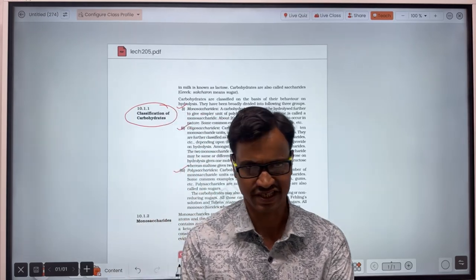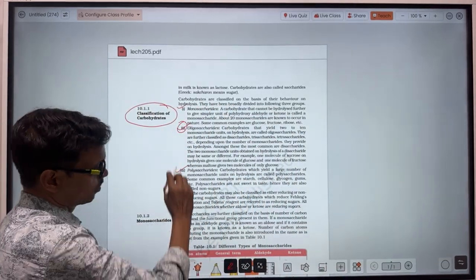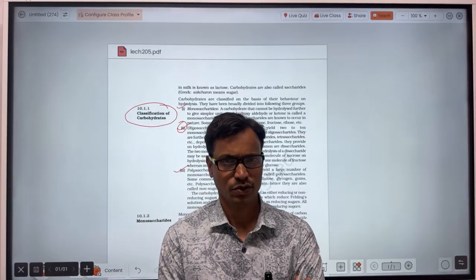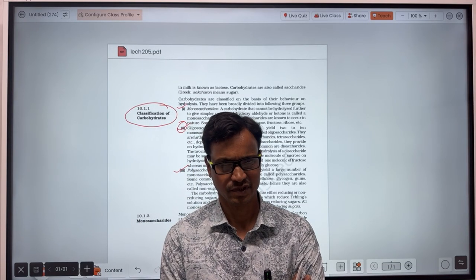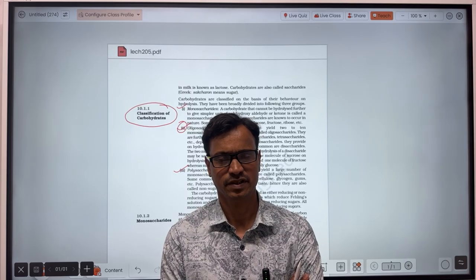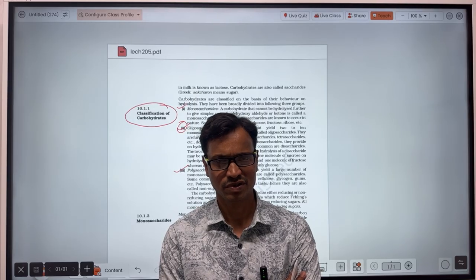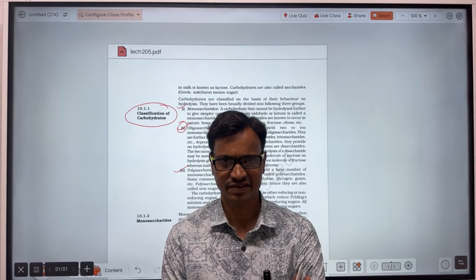Then there is oligosaccharide. In oligosaccharide, on hydrolysis, it will give 2 to 10 monosaccharide units. Oligosaccharide is the carbohydrate which on hydrolysis gives 2 or more monosaccharide units. And the third one is polysaccharide.